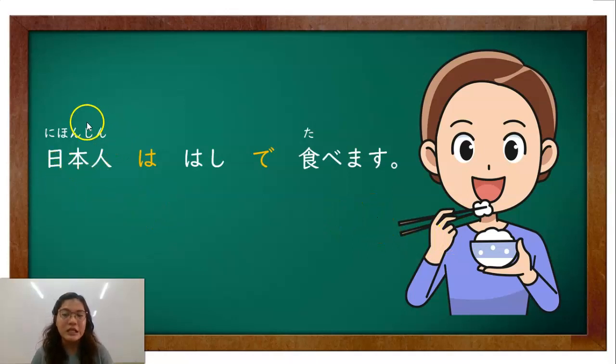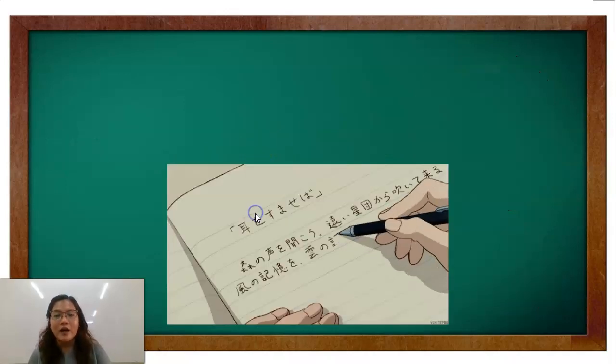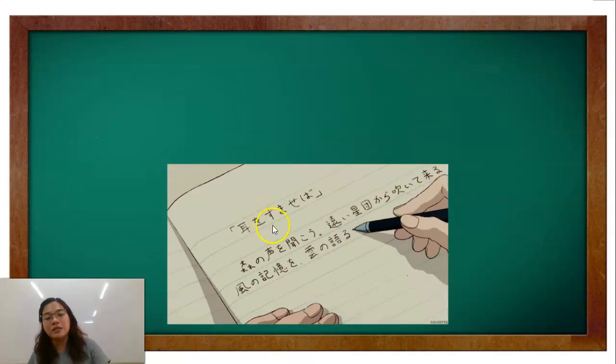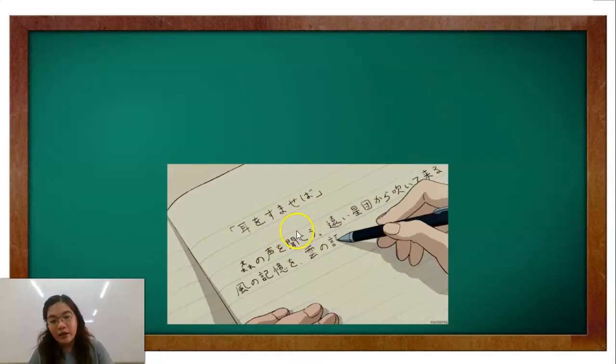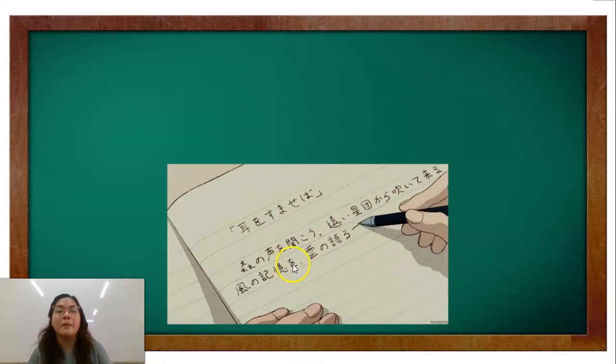Since si Nihonjin yung topic natin, siya yung particle wa. Since hashi or chopsticks yung ginagamit niya sa pagkain to do the action, that means hashi is in particle de.